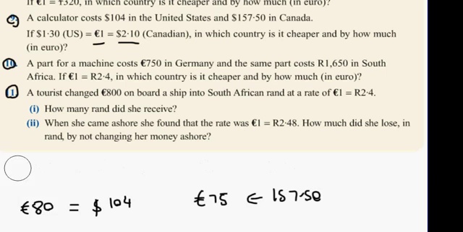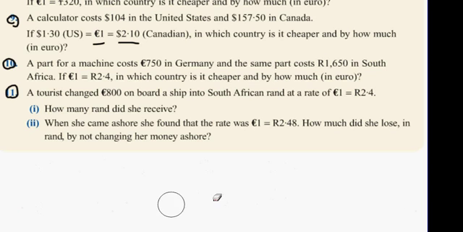What about the next one? Number 10, with the South African money. Parts for a machine cost €750. The same part costs 1,650 R, where R is the South African currency. Now €1 is the same as 2.4.